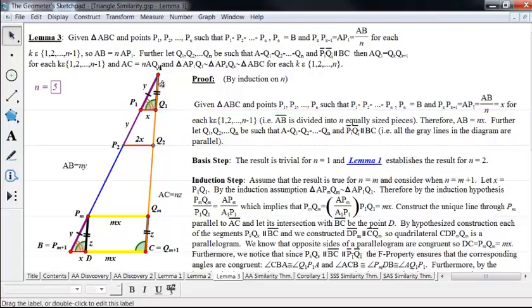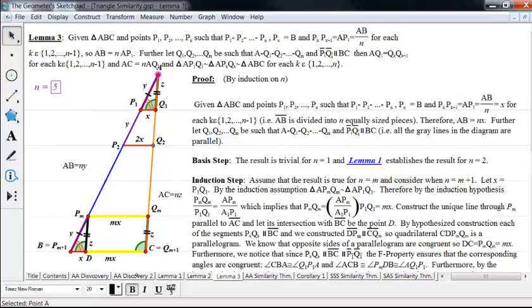And so we get a betweenness relationship here that P1 is between A and P2, P2 is between P1 and P3, but we also get Q1 is between A and Q2, Q2 is between Q1 and Q3, and so forth. Now what we want to show is if these are evenly spaced here between A and B, that one thing that we want to show is that we get evenly spaced between A and C, that if this is Z from A to Q1, it's also Z from Q1 to Q2, and so forth. That's one thing we want to show.